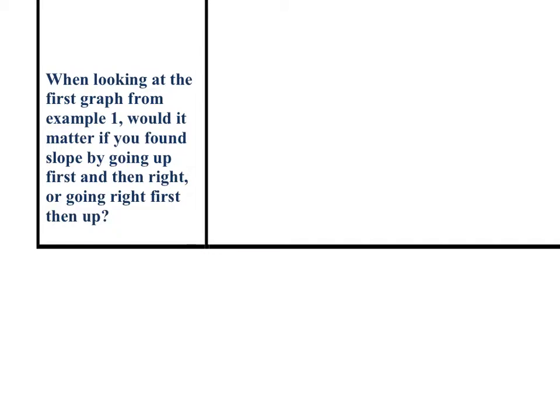When looking at the first graph from example 1, would it matter if you found the slope by going up first and then right, like I did, or going right first and then up? Does it matter? For the sake of time, no, it does not. As long as you check the sign with what Slope Dude says, right?